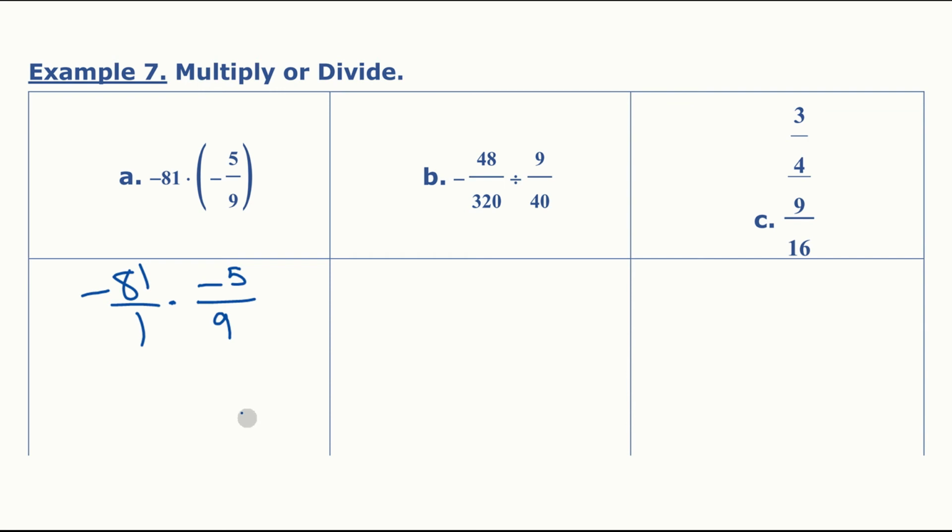So now I notice that I have some canceling I can do. I know that 9 goes into 9 one time and into 81 9 times. So now see how much easier that's going to be. Who wants to sit there and multiply 81 by 5 when they don't have to?